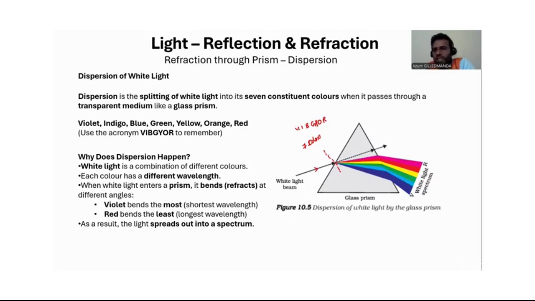Each color of light has different wavelengths. That means different speeds.